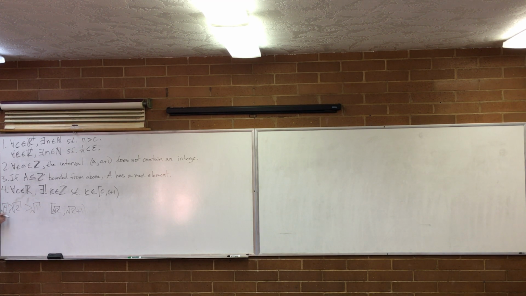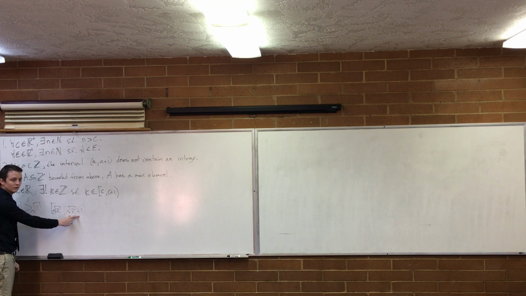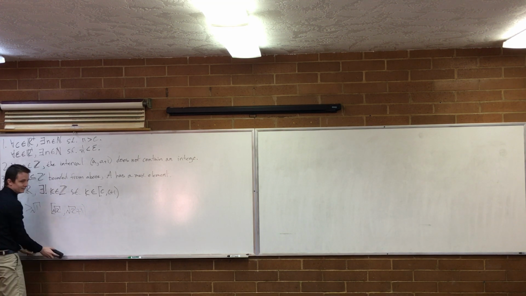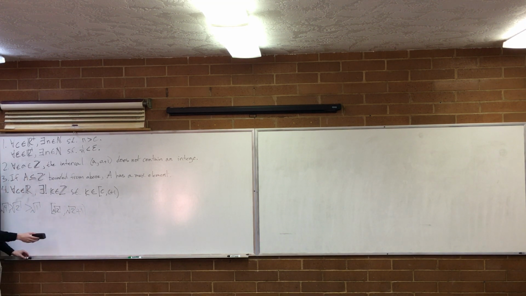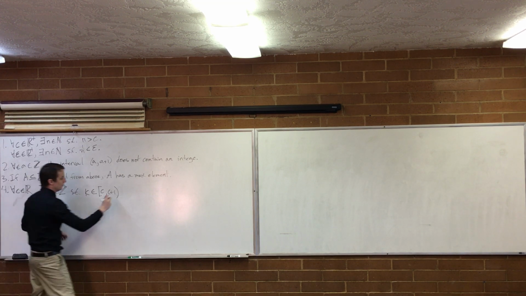So square root of 2 is between 1 and 2. So square root of 2 plus 1 is some number between 2 and 3. So the interval contains the integer 2. So we prove, picking the real number you want, there exists one and only one integer in that interval. Does that make sense?